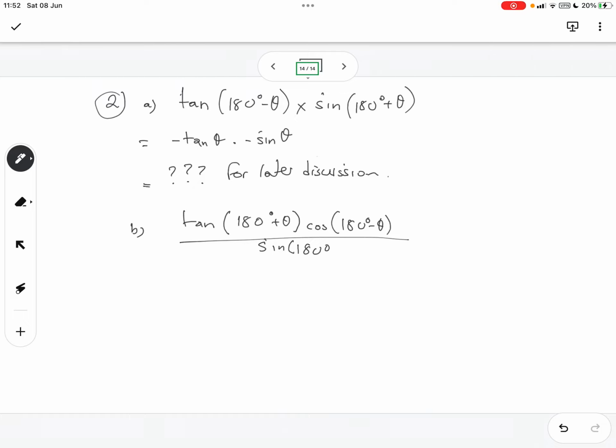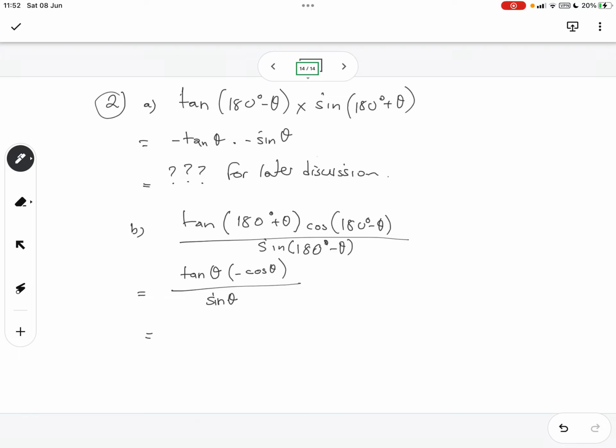B is tan of 180 degrees plus theta, cos of 180 degrees minus theta, and this is divided by sine of 180 degrees minus theta. And this is, in the third quadrant, tan is positive, so this is simply tan theta.